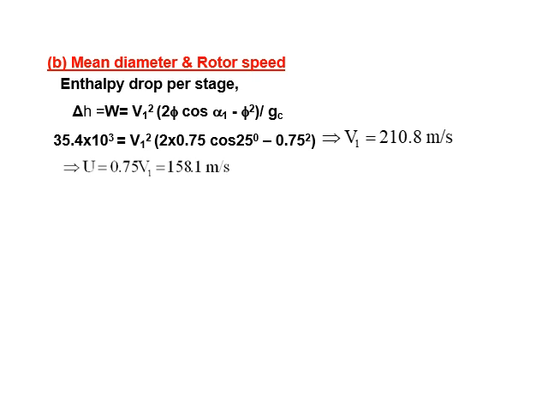Now what about the U value? Here the speed ratio is the ratio of blade velocity to absolute velocity of the fluid, that is U by V1. Now you know the value of V1, and also the speed ratio, 0.75. So easily we can find the value of U, that is 0.75 into V1, equal to 158.1 meter per second.